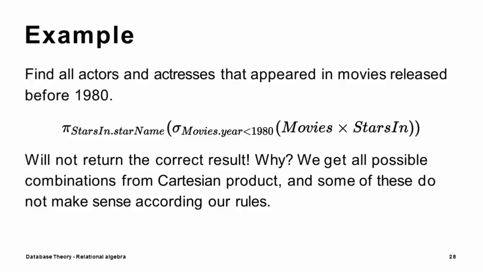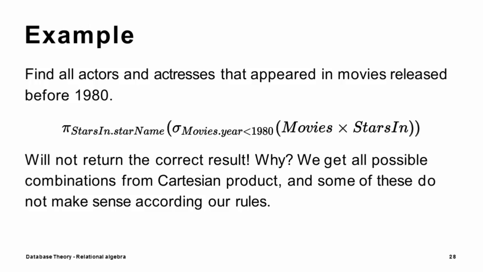That's the projection. But we should also, from the movies relation, make a condition to see whether we are earlier than 1980 or not. And then we are using that Cartesian product between movies and stars in.